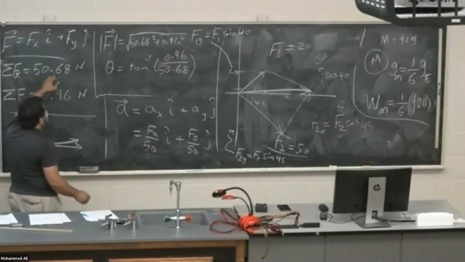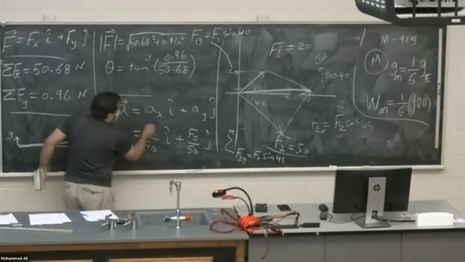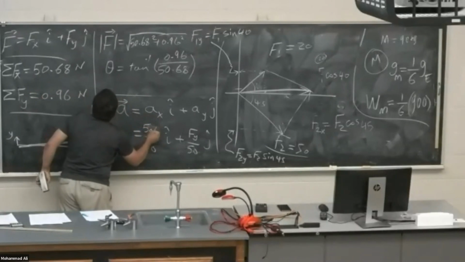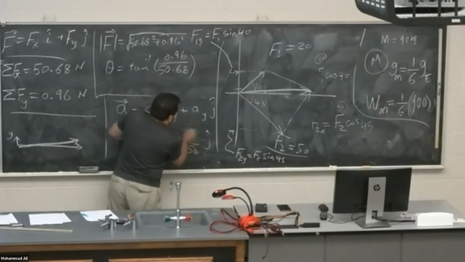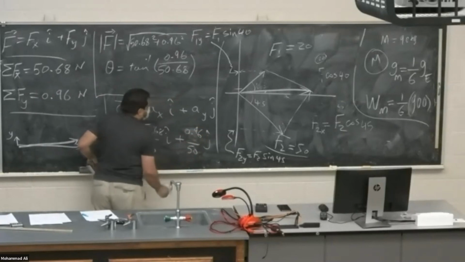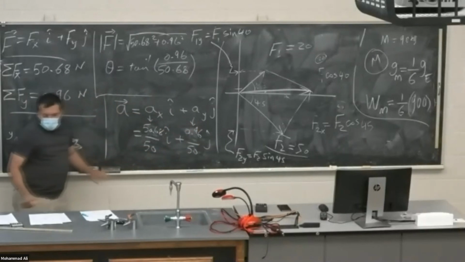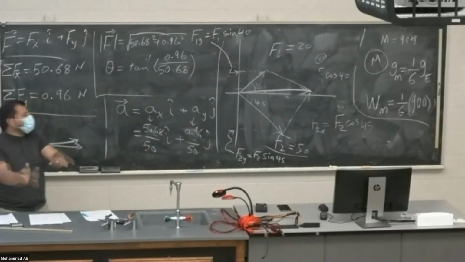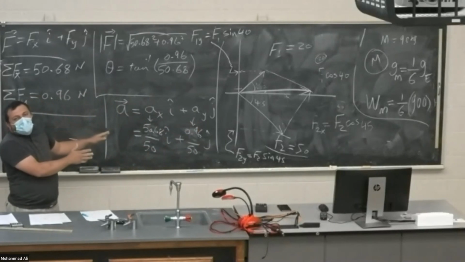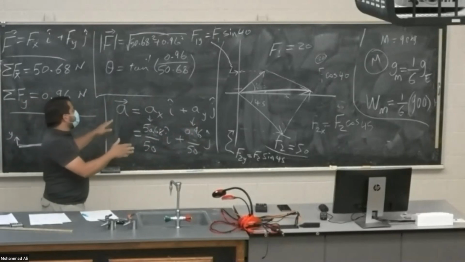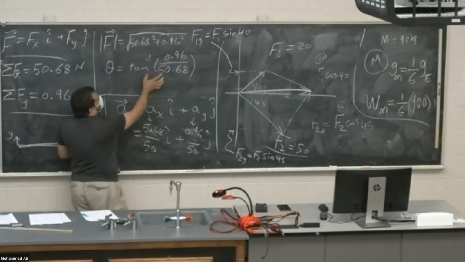Fx is 50.68 and here it is 0.96. This is Ax and this is Ay. Also, I can find the magnitude of the acceleration and the direction of the acceleration. The direction of the acceleration will be the same as this.